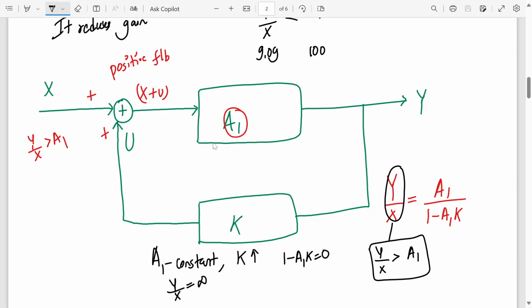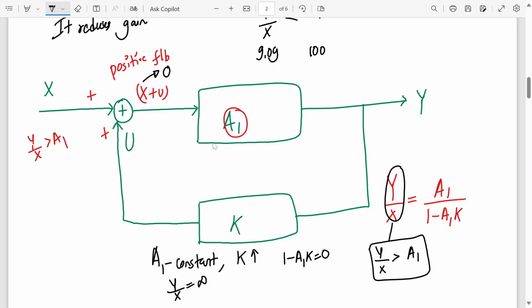So if that happens, then that means even without the input signal, the amplifier will keep producing the output with the help of the feedback signal, because feedback signal तो जा रहा है ना. अगर x को 0 कर दिया यहाँ पे, let's say, still u is there, it will keep on amplifying u, right? This will amplify by k, this will reduce by k.